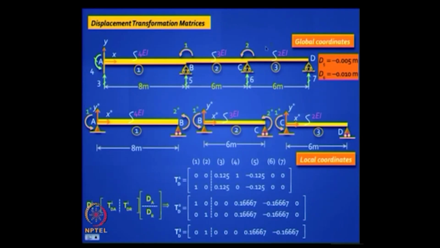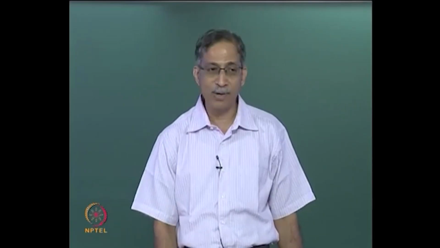Now you apply D2, that means this one, D2 equal to 1, you agree this will get affected and this will get affected, which will show up as 0 0 0 1 1, clear. Next we apply D3 equal to 1, which means we are lifting up the left end A and restraining all the other coordinates. This will result in a clockwise chord rotation in the element 1 alone, clockwise chord rotation of magnitude 1 by 8, 1 by 8 is 0.125, okay.